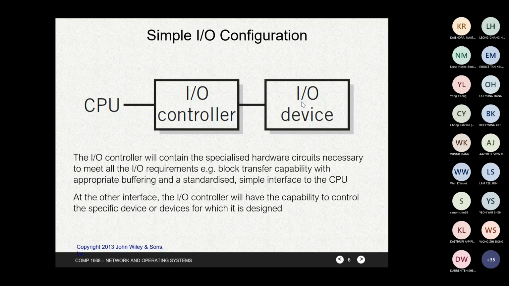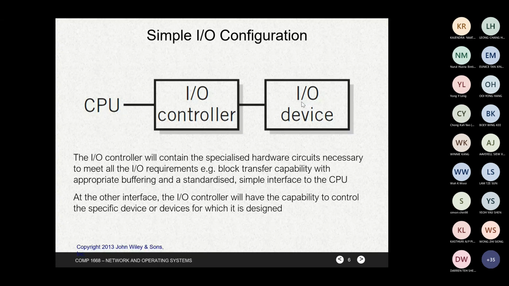The same thing is happening here. In a system, we have a controller. When it comes to I/O, we call it I/O controller. When it comes to CPU, we call it control unit. When it comes to memory, we use a very specific name related to memory. When it comes to interfaces, we use a very specific name related to interfaces. Right now, it is related to I/O devices, so we call it I/O controller.